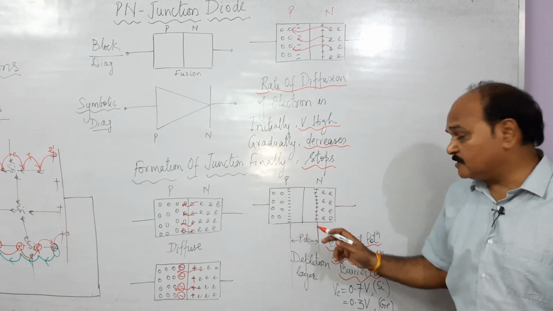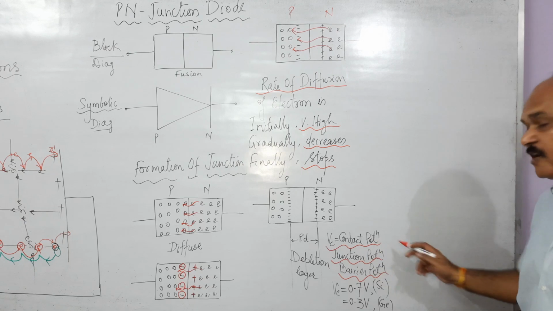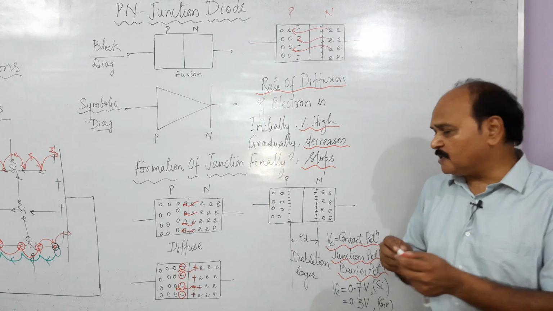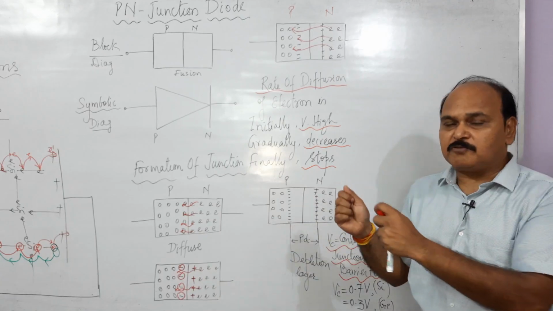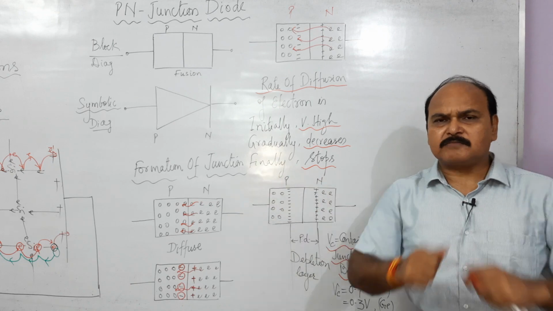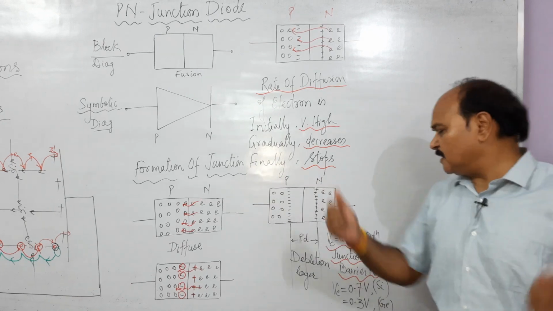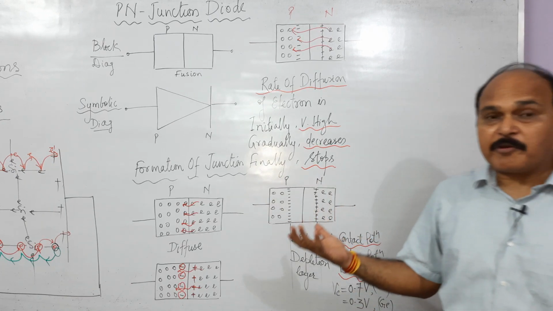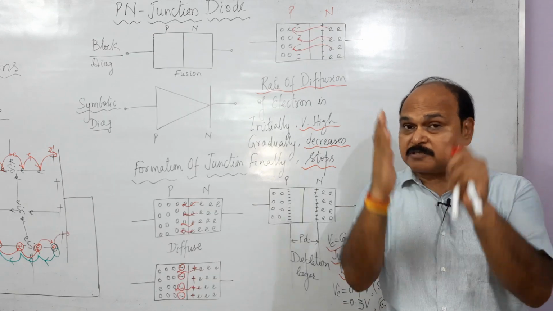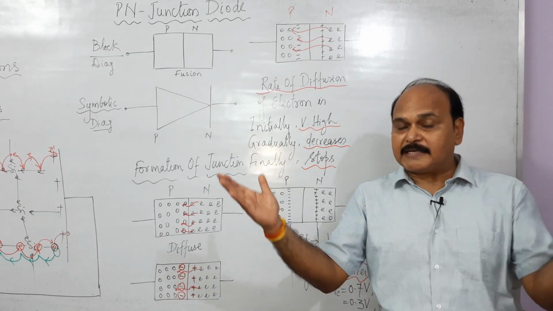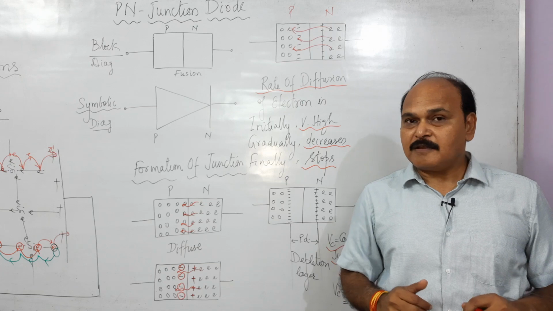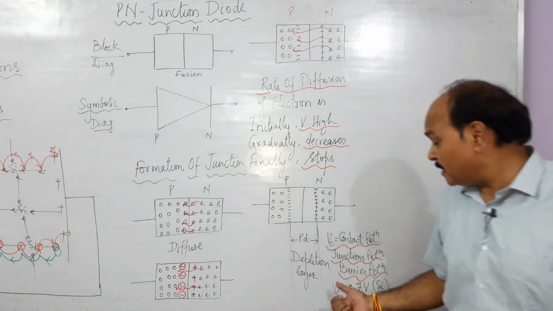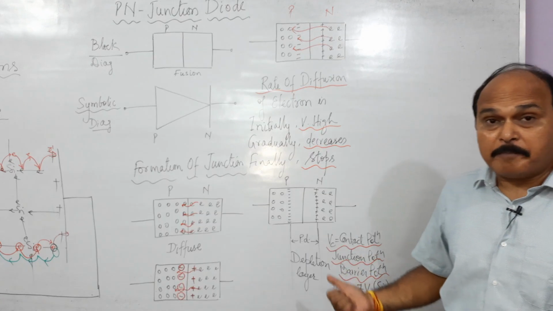And this potential difference is very logically called contact potential. Why? Because this potential difference is created the moment we bring two different extrinsic semiconductors in contact. This potential difference is called junction potential. Why? Because this potential difference is created across the junction of two different extrinsic semiconductors. And this potential difference is called barrier potential.